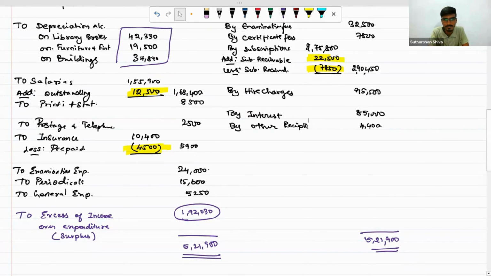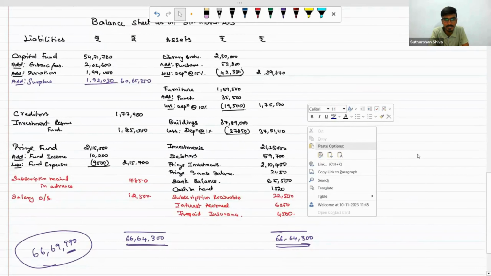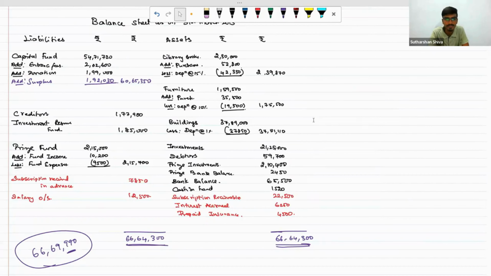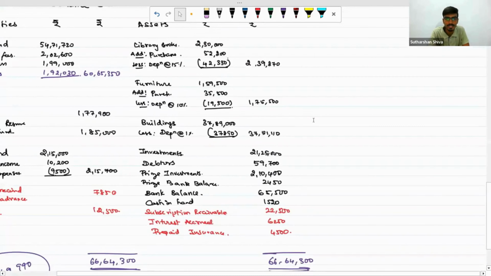Is it done? Yes. Then take this balance sheet.